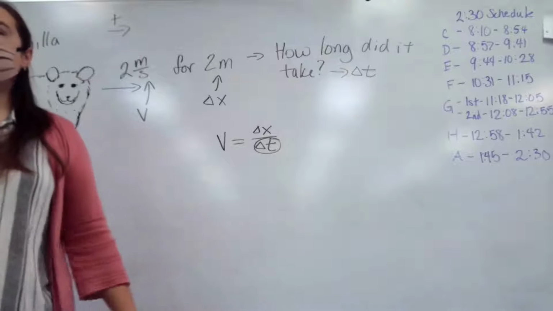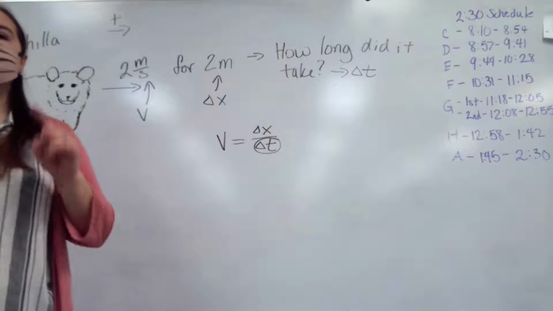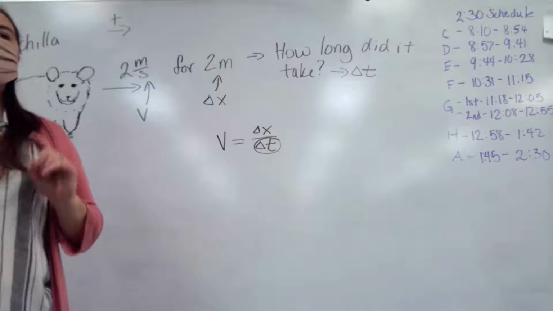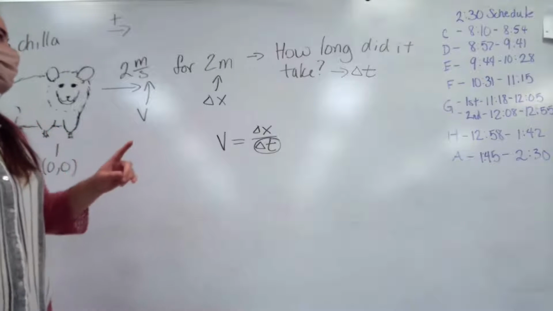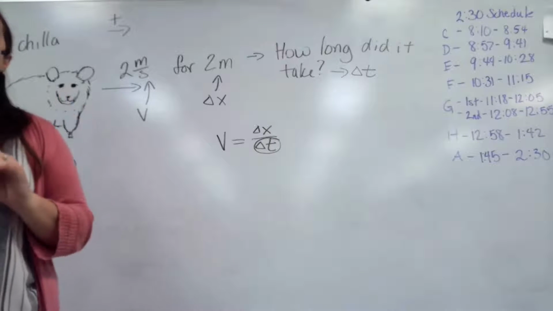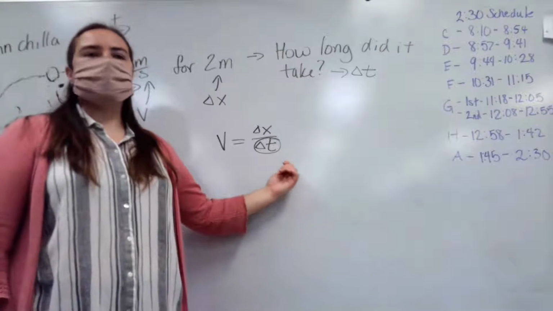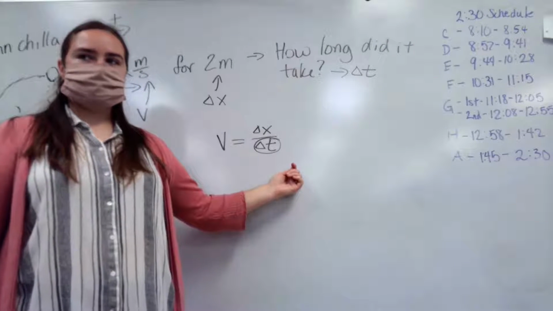We could put the v and the x in there, but once we're done solving it, we will only have an equation for this specific case. If we don't put our v and our x in until the end, we'll actually have an equation that we can use every time we need to find delta t.